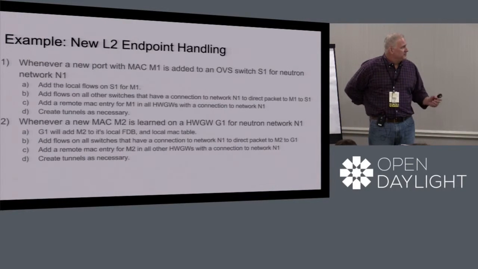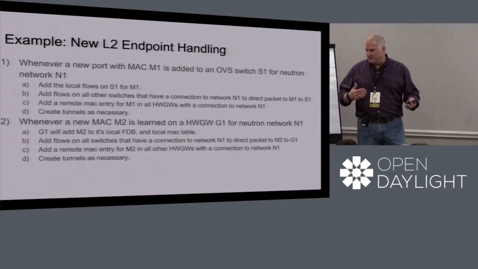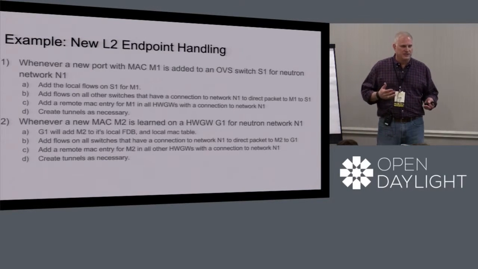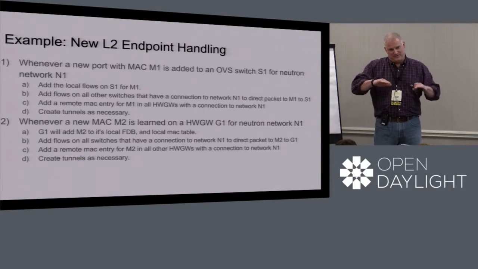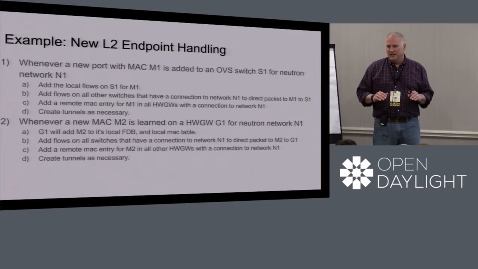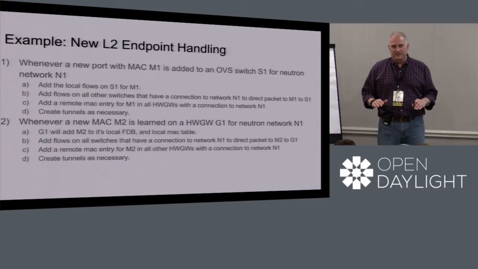I have a slide here to talk a little about the hardware gateway pieces that we're looking at initially, and the shared functionality. It was apparent that a lot of the things that had to be done were the same at least at a high level, and just the way in which you do it is different.